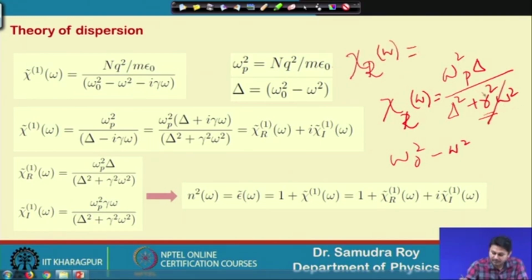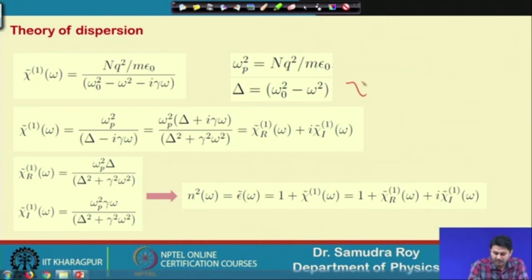I can neglect this term. If I neglect this term, we will have omega p square divided by delta. Delta being omega 0 square minus omega square, so omega p square divided by omega 0 square minus omega square will be the functional form of chi r, which is the real part of this. So, that means chi r will be omega p square divided by omega 0 square minus omega square.